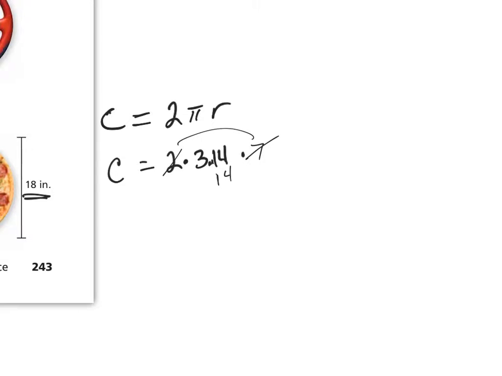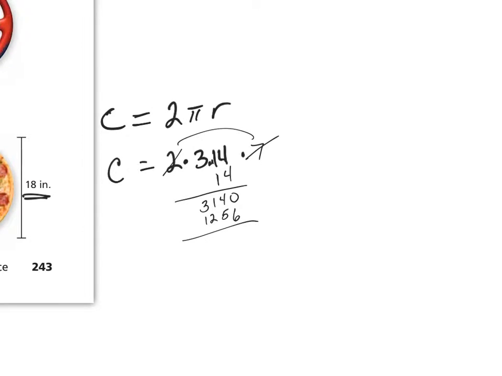Fast way, I'm going to do it the fast way. Here we go, I'm just going to do it in my head. 10 times this is going to be 3140, right? And then I've got the 4 times 4 is 16. Carry the 1. 4 times 1 is 4, plus the 1 is 5. 4 times 3 is 12, and 12, there we go.